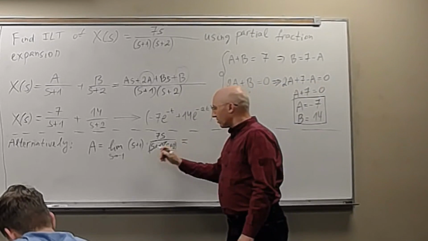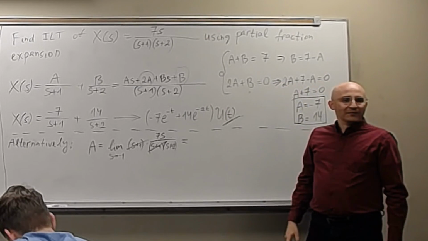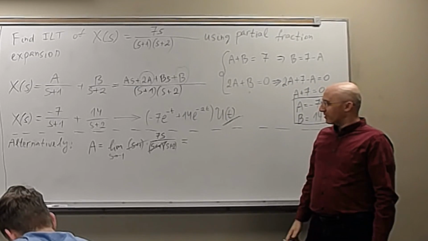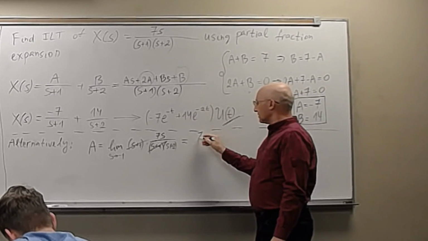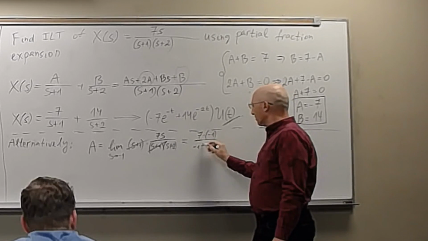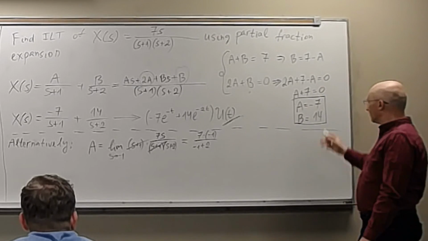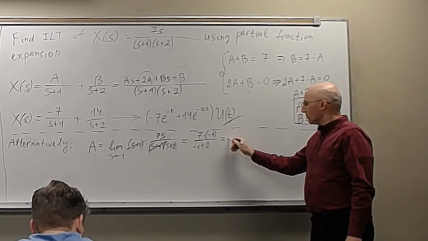Which means that those are automatically cancelled. So the same thing as pulling that out, cancelling that automatically. And then you get 7 times minus 1 divided by minus 1 plus 2. See? So you get obviously minus 7.